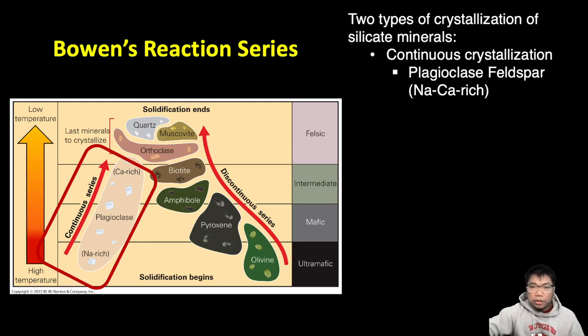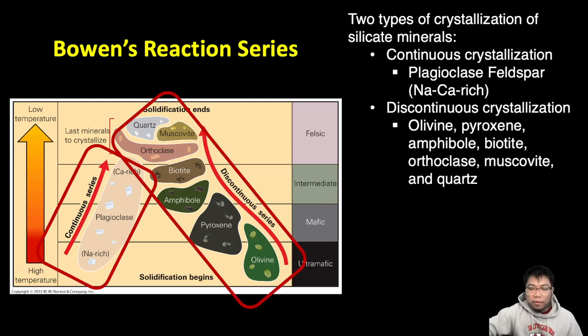So as I mentioned earlier, there are two types of crystallization of silicate minerals. The first one, represented by this left arm within Bowen's reaction series, is the continuous series of plagioclase feldspar. Plagioclase feldspar can be sodium-rich or calcium-rich, depending on the temperature when it forms.